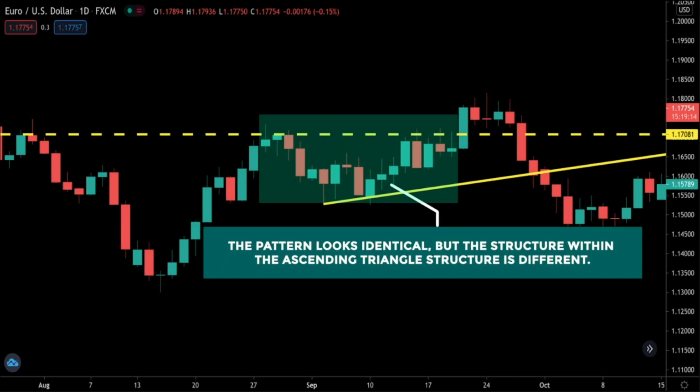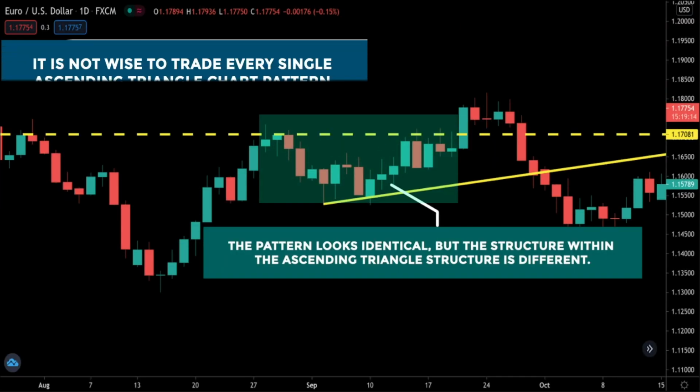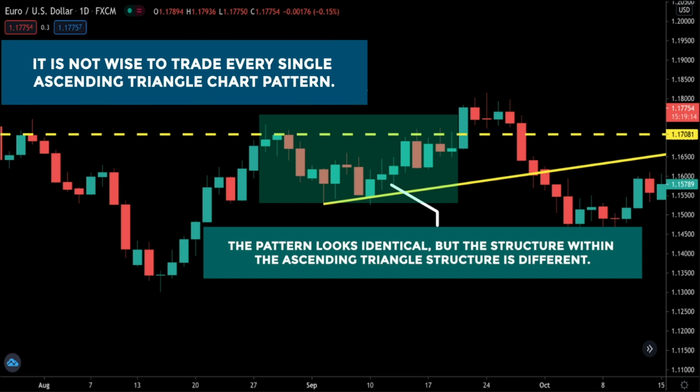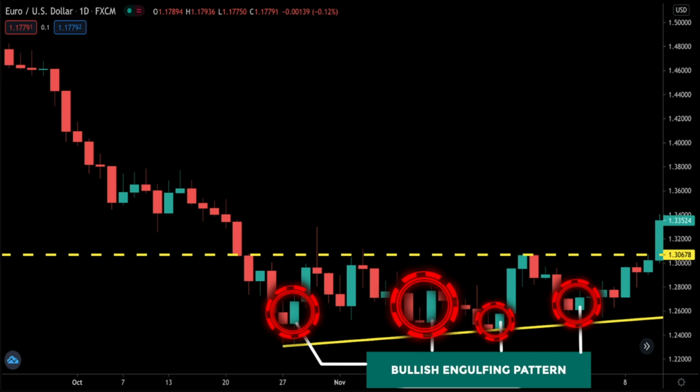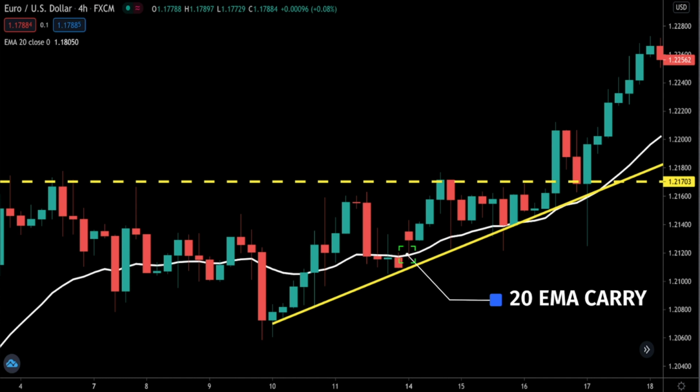So summing up this video, I caution that it is not wise to trade every single ascending triangle chart pattern, and the importance of looking at the structure within the ascending triangle structure. Specifically, I pointed out to look for engulfing candles at the swing lows and the 20 EMA carry as price heads into the horizontal resistance level.